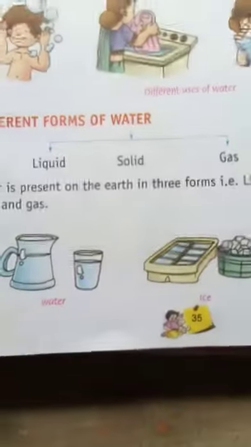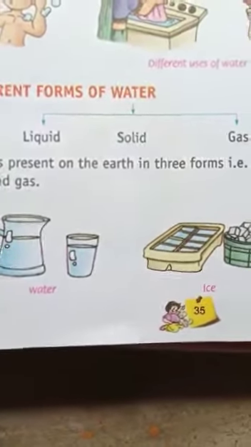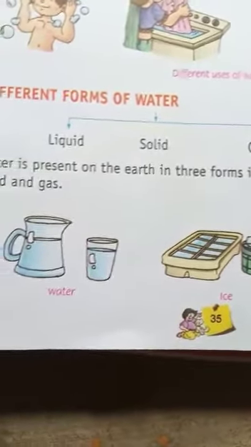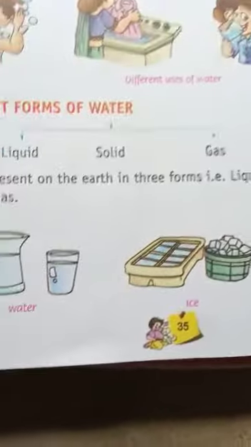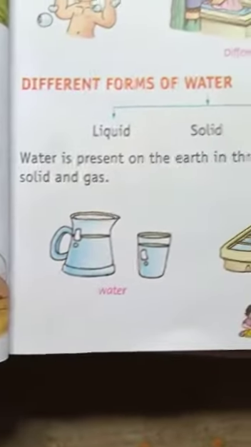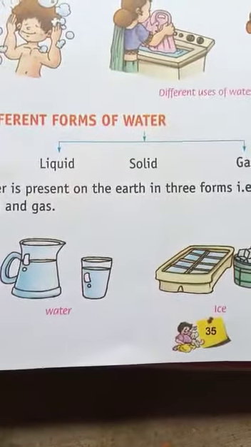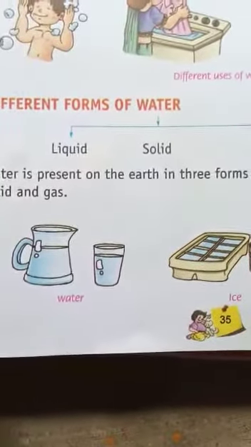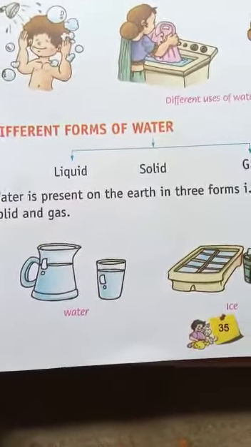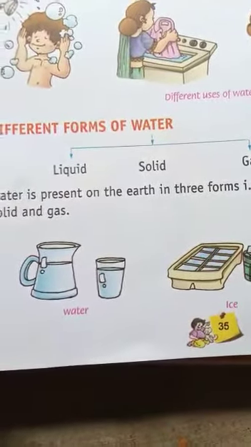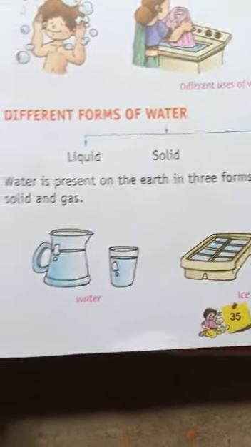Now let us see different forms of water. Water is there in three forms in the whole atmosphere of our earth: one is liquid, one is solid, one is gas. How is it solid? Children, most of you have seen ice inside your fridge. When we open the fridge, in the ice chamber we get some ice.